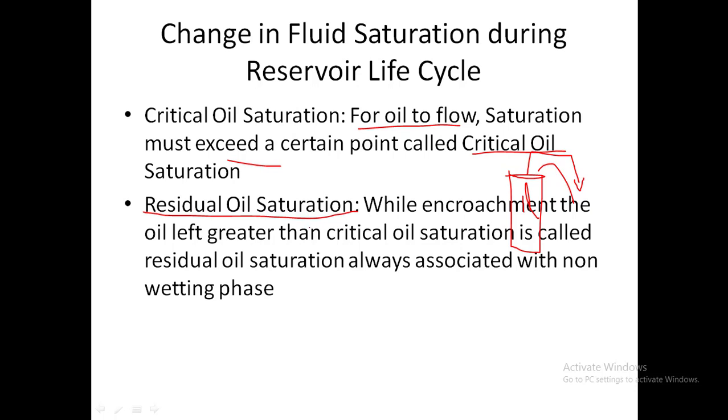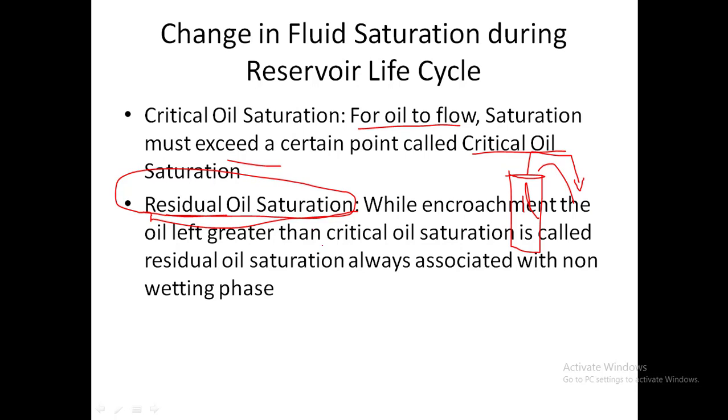If you see over here, at the end of primary recovery, how much oil is left over, that oil is considered to be the residual oil saturation. Even that can be partly recovered through various secondary recovery methods and enhanced recovery methods. But after primary recovery, whatever leftover oil is there in the reservoir is considered to be residual oil saturation.